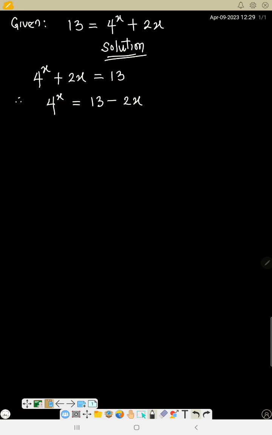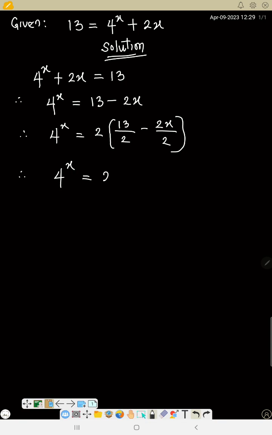So I want to remove this 2 at the back of s, like say it's common. So that will be 4 raised to power s equals 2 in brackets. Remember, anytime you say something is common, like I said 2 is common now, I have to divide everything by 2. So that will be 13 over 2 minus 2s over 2. So this is 4 raised to power s equals 2 into 13 over 2 minus s.